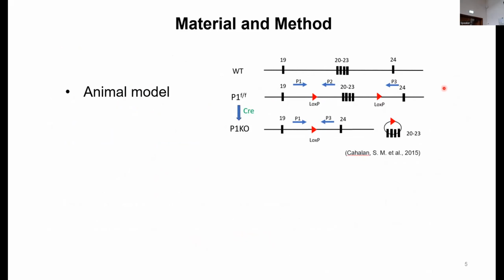What we do here is that we first generate a Piezo1 conditional knockout mouse model through the Cre-LoxP system. We use this Piezo1 LoxP mouse line generated by Ardem Patapoutian's lab, and we can see here that the exons are flanked by LoxP sites in this mouse strain. With recombinase expression in targeted neurons, these exons can then be deleted.